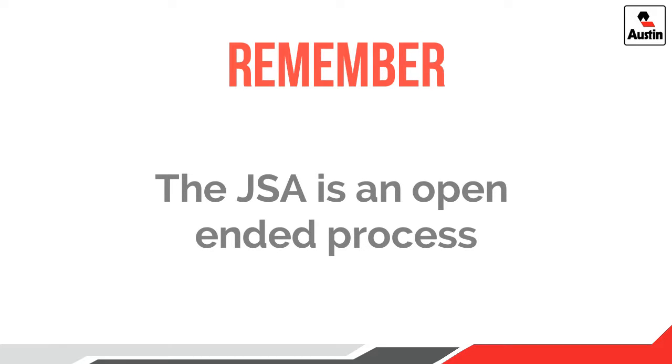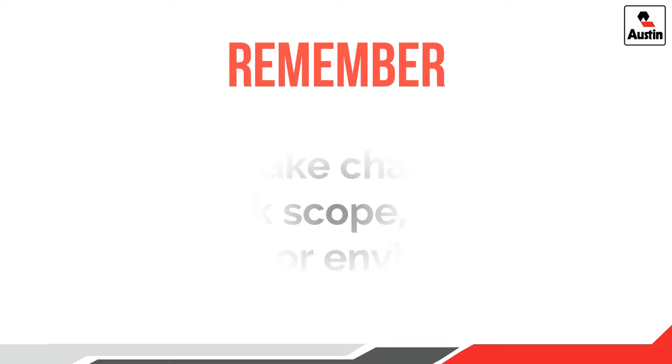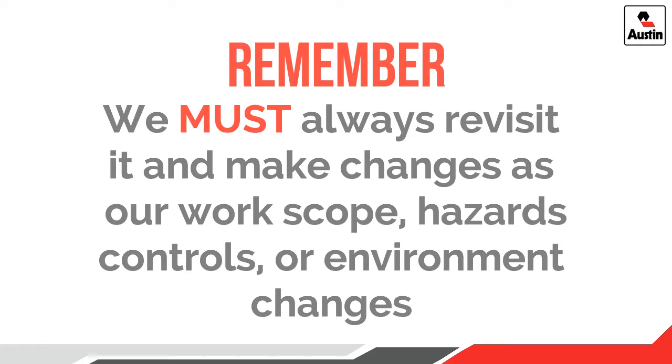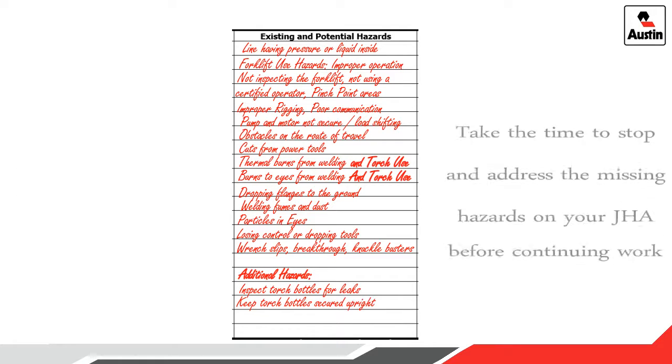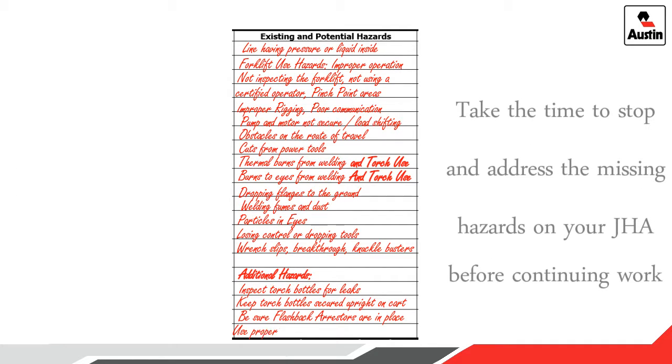The JSA is an open-ended process, and we can always revisit it and make changes to our work scope, hazards, controls, or environmental changes. For example, you may find out during the work that you will need a torch to cut the bolts on the flange. This changes the tools and equipment, the hazards, and the precautions to complete the job. Always stop to address the changes.